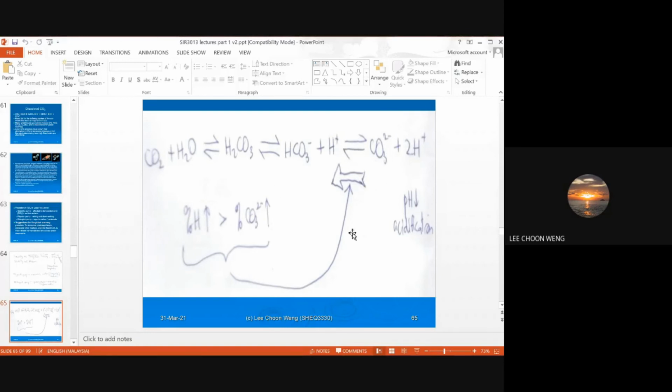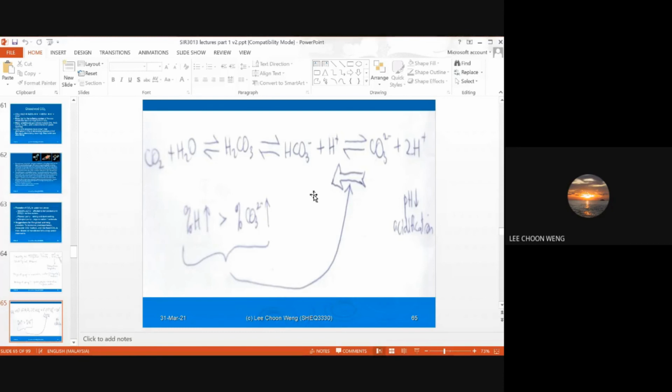So at the end, pH will reduce and there will be acidification because of these protons being formed. And because more protons are being formed than carbonates, with the souring of the seas, the equation is actually being driven towards the other side.